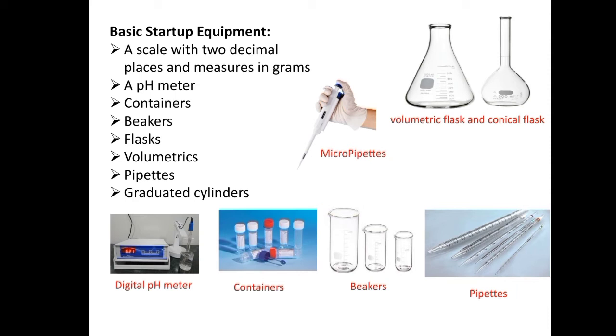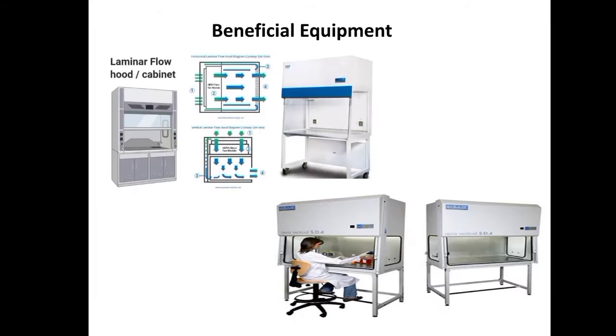Next, moving towards the next slide, that is beneficial equipments. Okay, so there are many equipments which are used in the tissue culture laboratories. The first one which we will discuss is the laminar airflow. So you can see the image of the laminar airflow here.